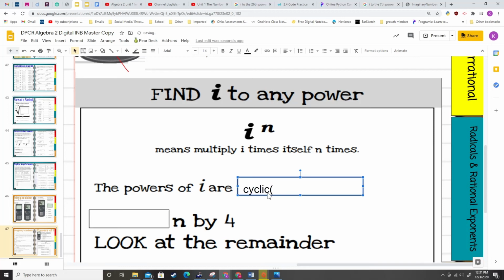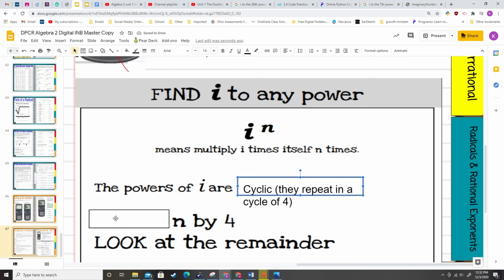That means that it repeats. It's a cycle. So they repeat in a cycle of 4, just like how we saw before.